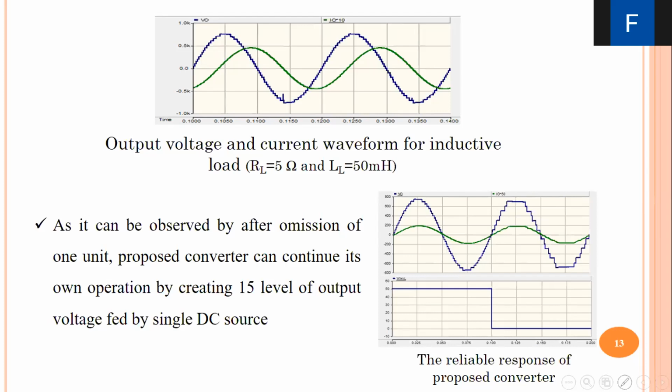And in the bottom we see that after the emission of one unit, the proposed converter can continue its operation by creating 15 levels of output voltage fed by a single DC source.